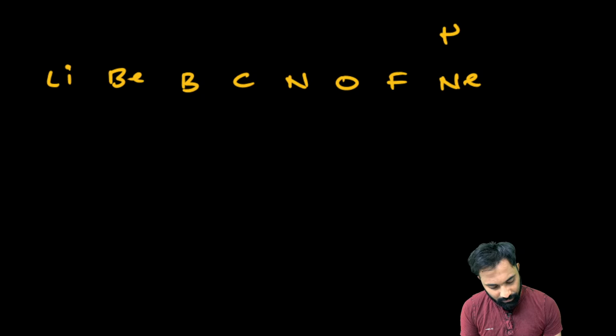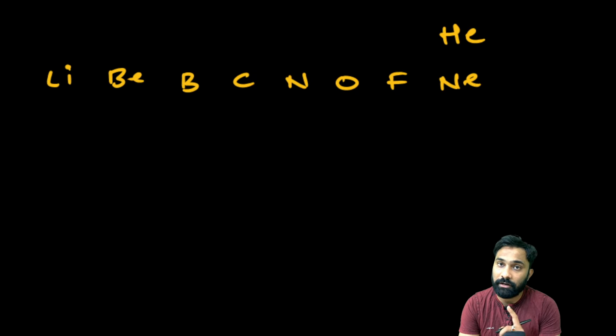Now, here it is helium. Now, we know gain of electron and loss of electron will happen by the valency electrons. You have to be very careful with this one.